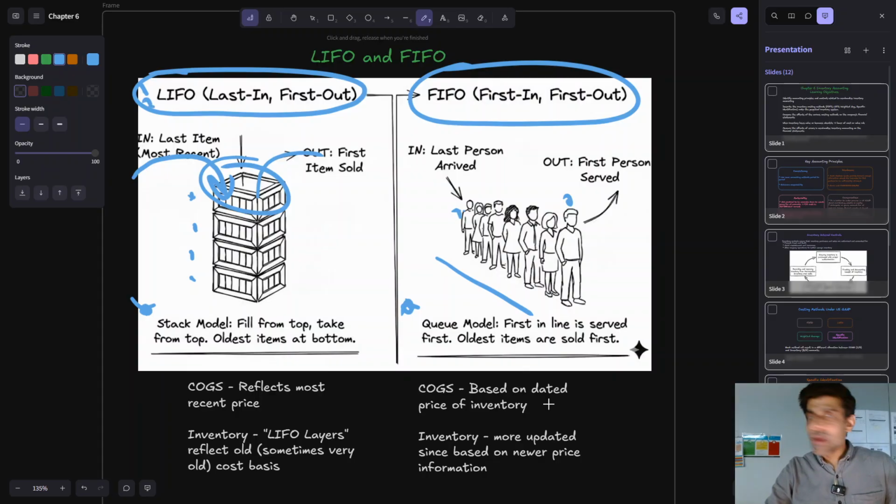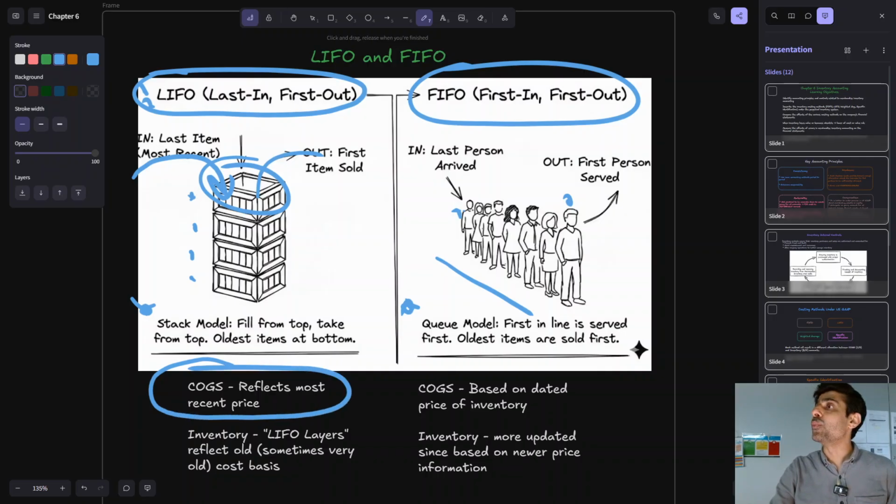If we use LIFO as our costing method, the cost of goods sold is going to reflect the most recent price of our inventory, because as soon as we get inventory in, we use that price as the cost of goods sold. Let's say we paid $1 for these, $2 for these, 3, and then 4.